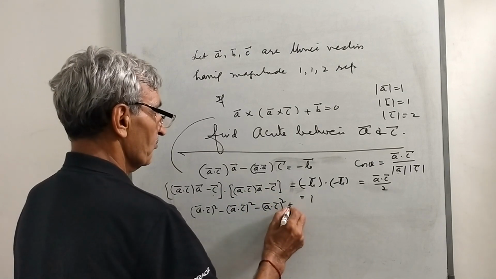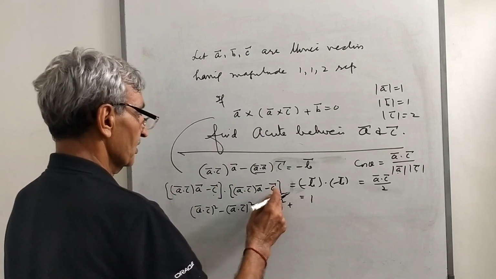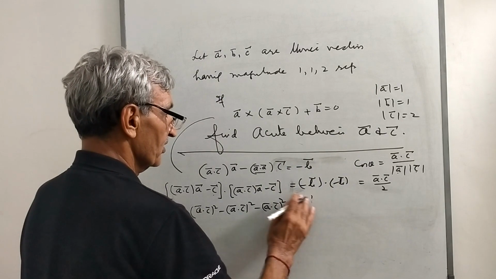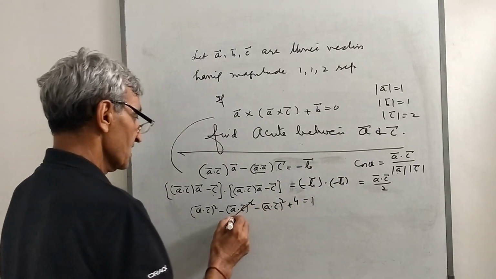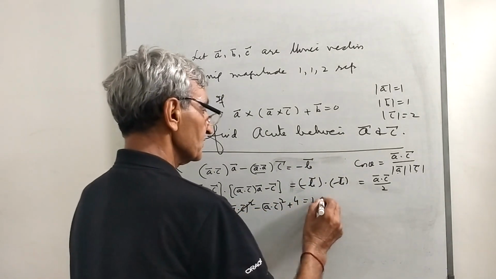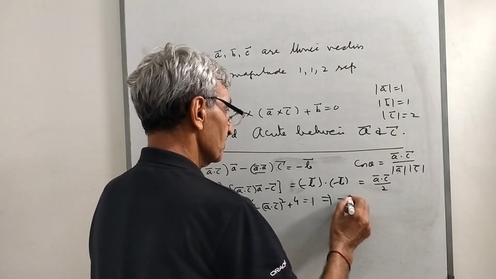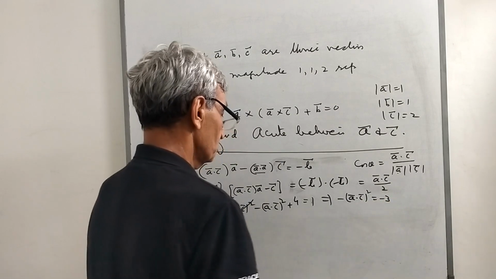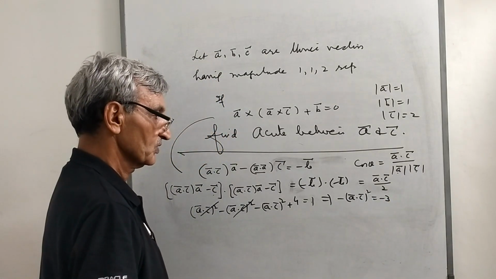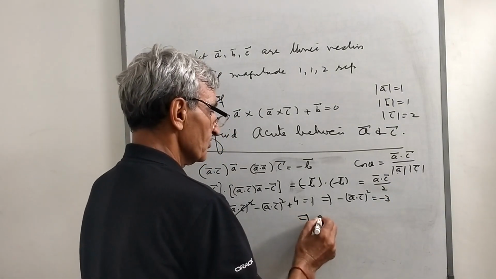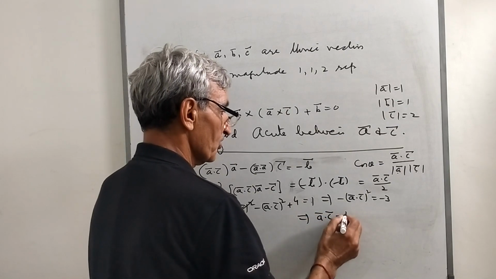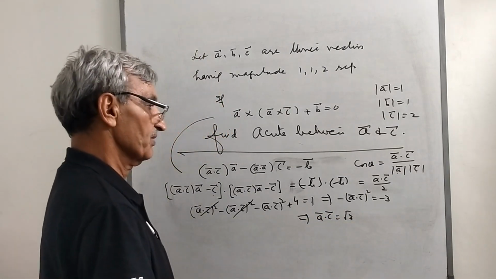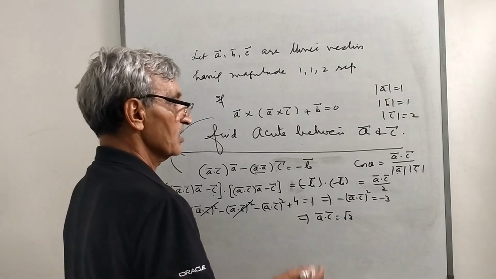Minus minus plus, modulus of C squared is 4, this is equal to 1. This cancels with this. Minus A dot C squared is equal to minus 3.